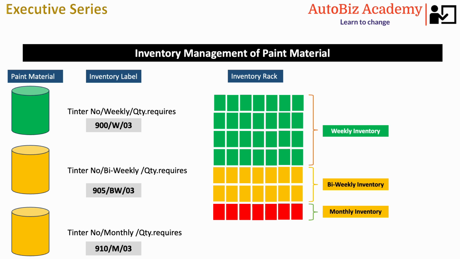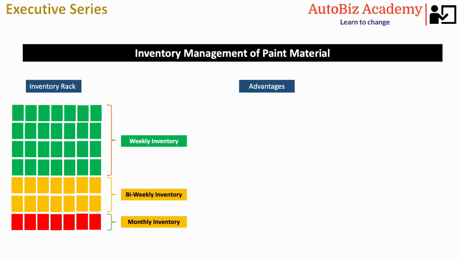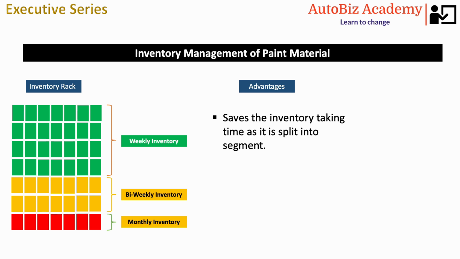Let us understand how the inventory management will help you. Now let us understand the advantages of the inventory management of paint material the way I have shown to you. It will save the inventory taking time as it splits into segments. We are not keeping all the inventory for the entire month.